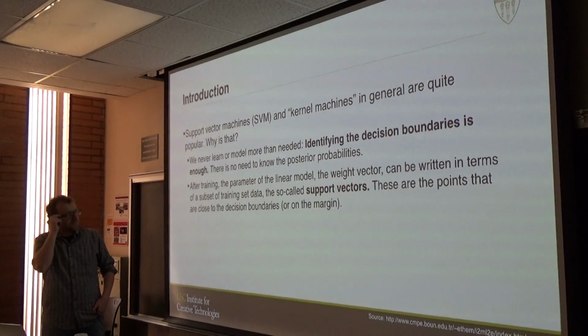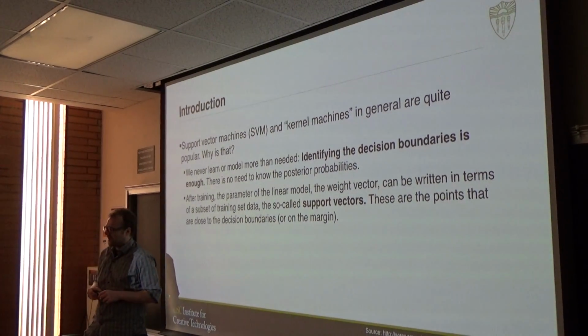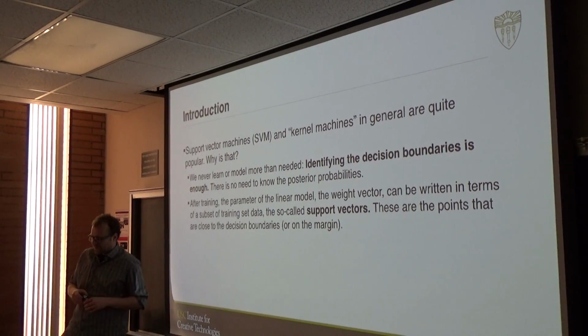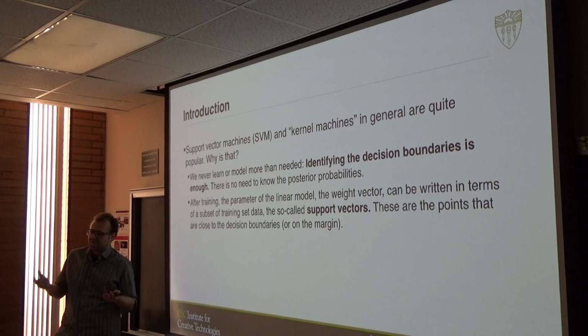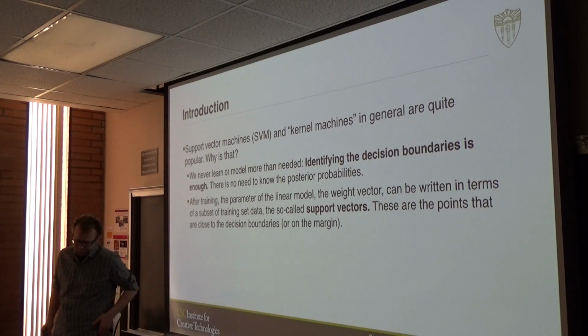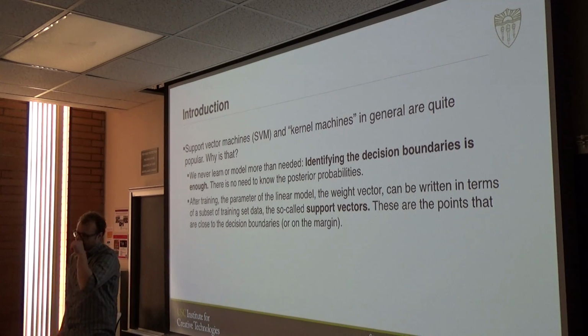After training, in the end we receive a linear model, which is based on a weight vector and the input that is then received in the support vector machine to produce a decision.